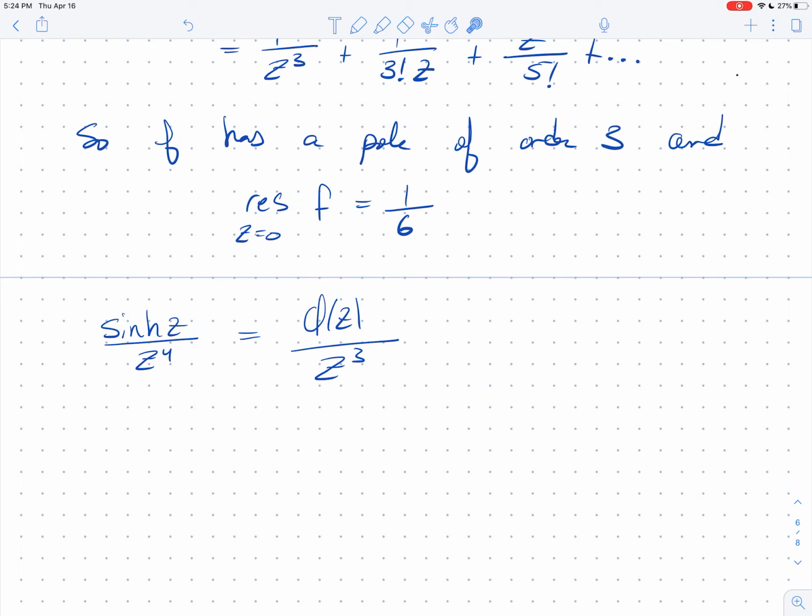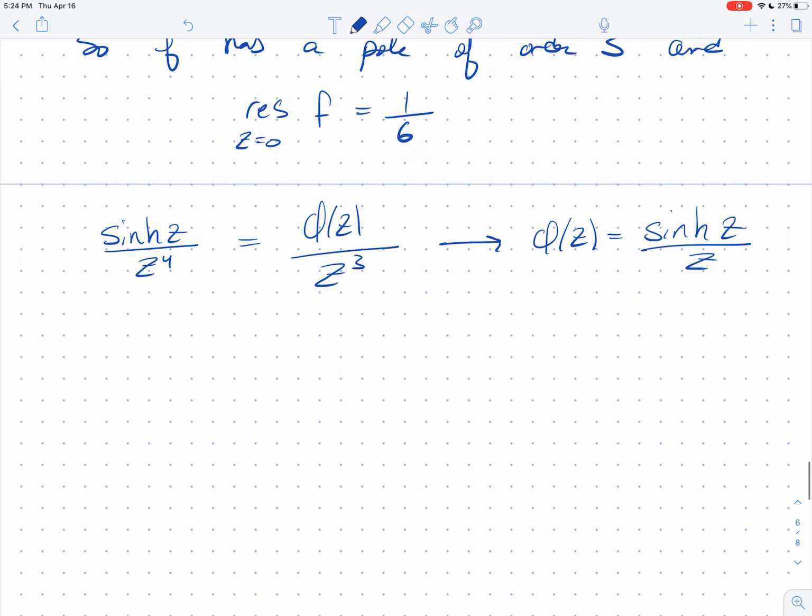So how does one go about doing that? If you just solve for phi, you come up with phi of z is sinh z over z, and you might say, gosh, that's not analytic at 0. That has a singularity at 0. What if it's a removable singularity? Let's see.